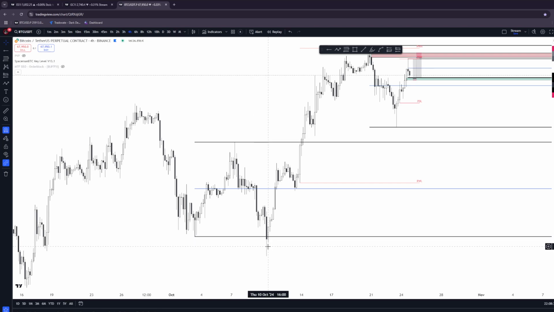Started shorting like crazy. And then price came back up. Took them all out. Liquidated all of them. And we could take advantage of that. We could take advantage of other traders trying to break out the price, thinking the price is going down, thinking the price is going to all-time highs, and trade against that with confirmation.